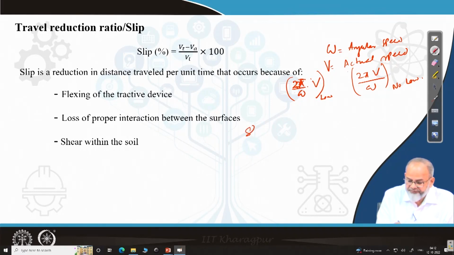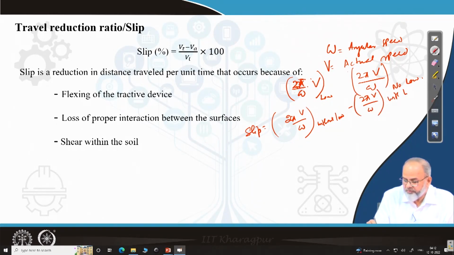Now, I can define slip the other way: 2 pi V by omega without load, minus 2 pi V by omega with load, divided by 2 pi V by omega without load.